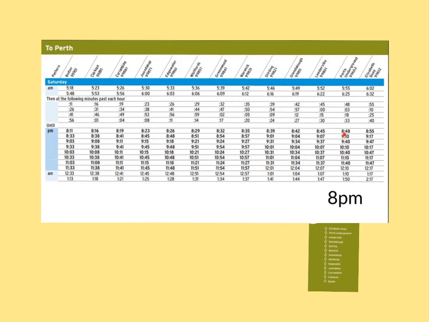All right, 8:48 is too late because we're trying to get there at 8 p.m. Let's have a look at which train it would be. 8:33, 8:18, 8:03, 8:48. They're all after 8 p.m. So we're going to go backwards into the 7 p.m. hour. 7:33, 7:18, 7:03 is well early, so it'll be 57 minutes early, or 7:48.